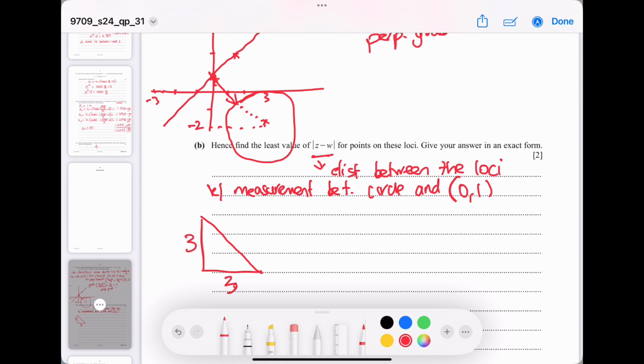So this distance here would be 3 squared plus 3 squared, which is root 18. That's the distance from this coordinate right through to the center. And then this measurement is going to be that distance subtract the radius of our circle. So in other words, we're looking at a measurement of root 18 take away 2.